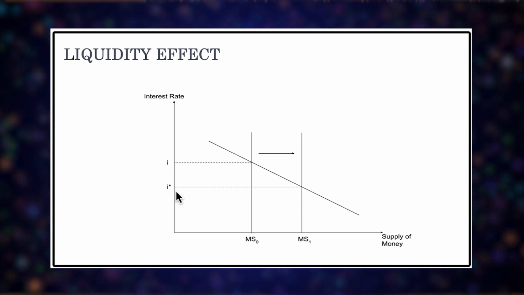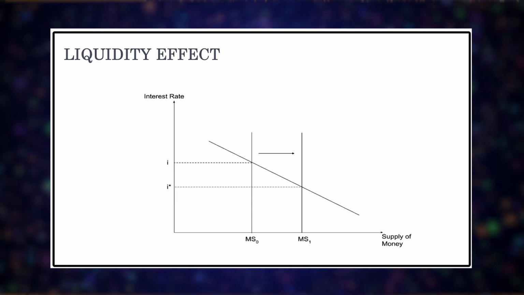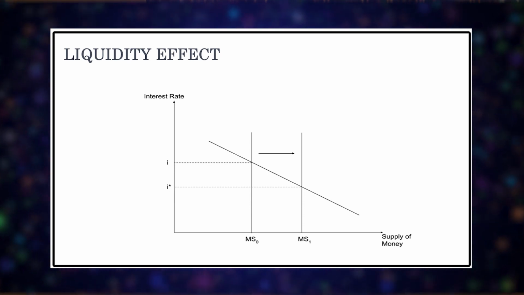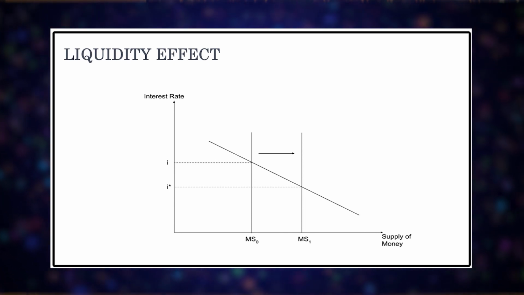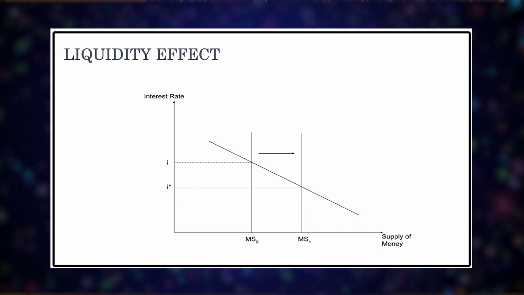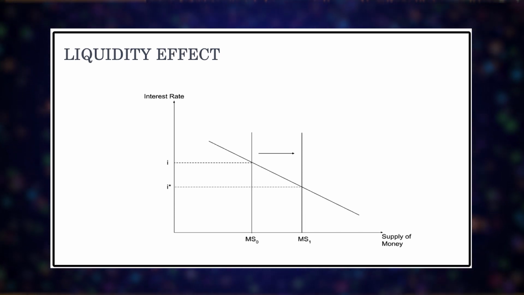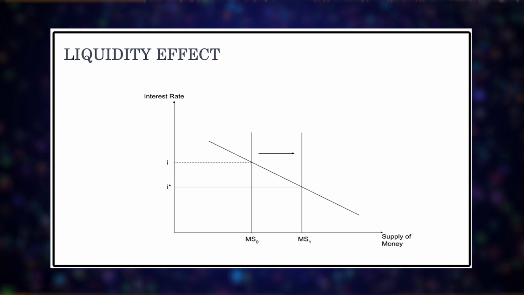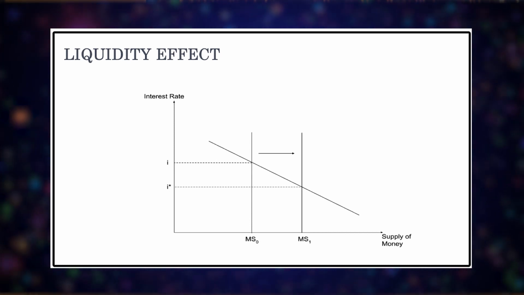So here I star denotes the new equilibrium interest rate, and this is exactly what we mean by the liquidity effect of an increase in the supply of money, which essentially leads to a fall in the equilibrium rate of interest in the economy. Next, we come to the concept of the income effect.